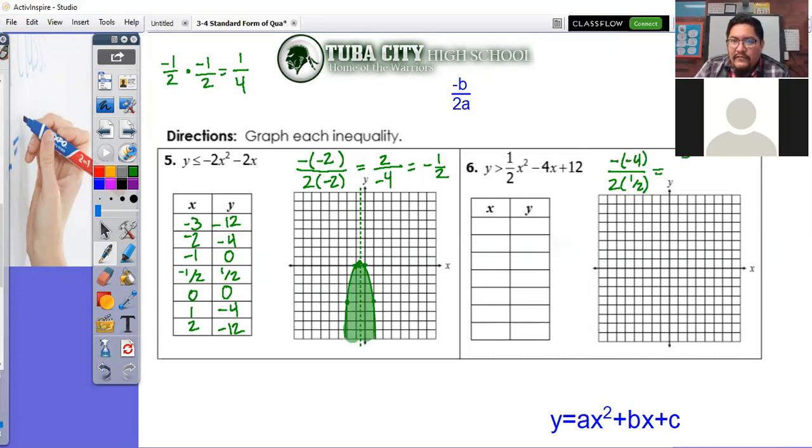So opposite of -4 would be +4. 2 times 1/2, so this would be 2 over 2. 2 divided by 2 is 1, which means this is going to be 4 over 1, or just 4. Because remember, fraction means divided, so 4 divided by 1 is still 4. So if you had 4 Skittles and you're only one person eating it, you would get all 4 of them.